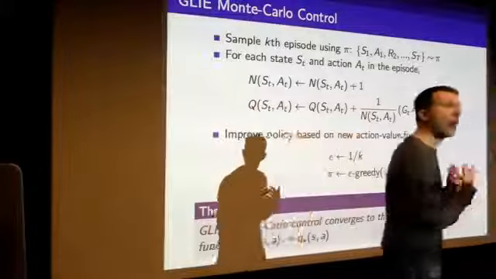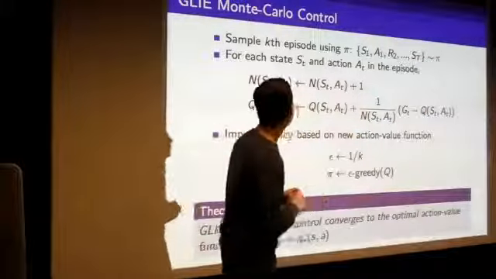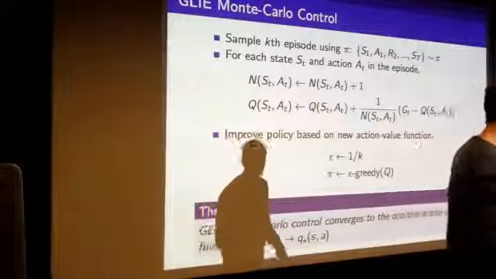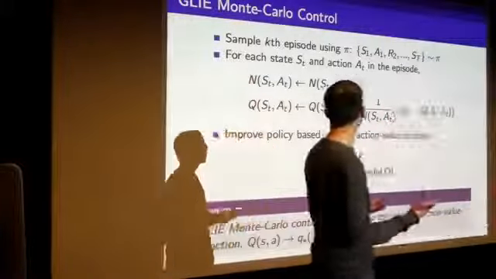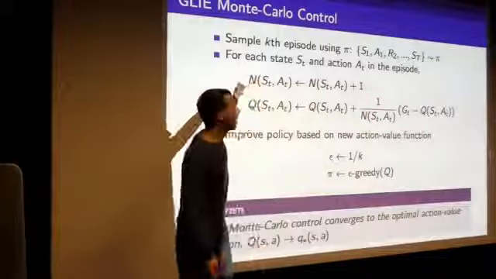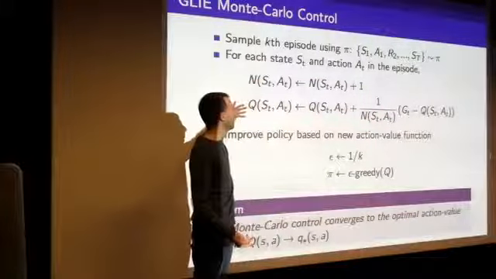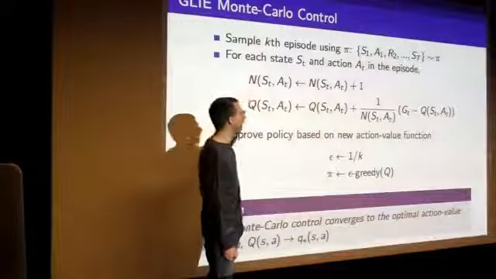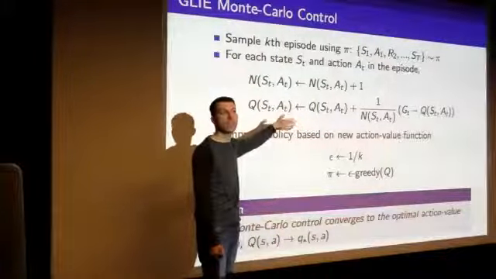We sample that from our current policy, pi, and then for each state and action that I visited, we update our action value. We do that by counting how many times we've seen that state-action pair and doing an incremental update to the mean.